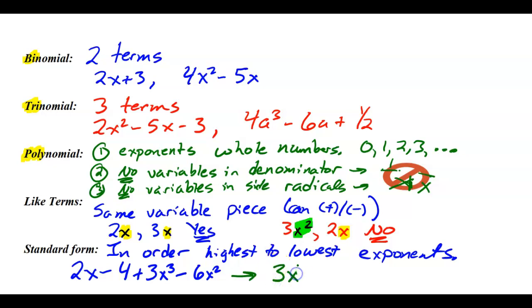So 3x cubed goes first. The next exponent down is 2, minus 6x squared. Next exponent is just 1, 2x, and then your constant term minus 4. That is then in standard form. So you want to make sure that you're organizing it in standard form in this way.